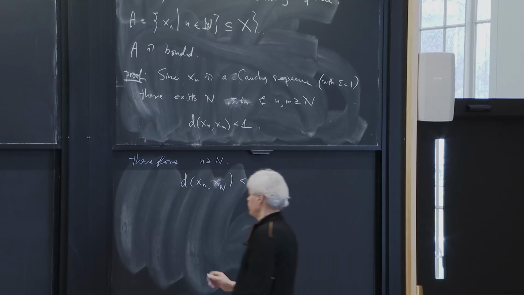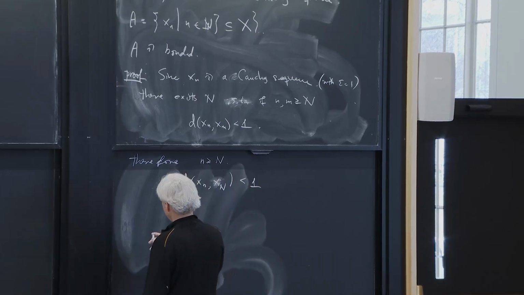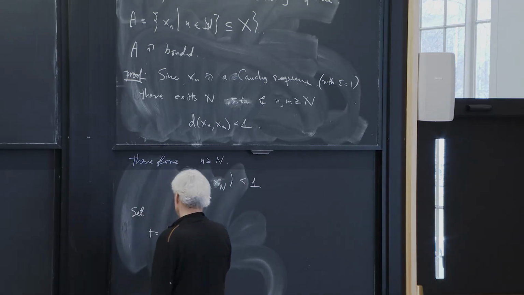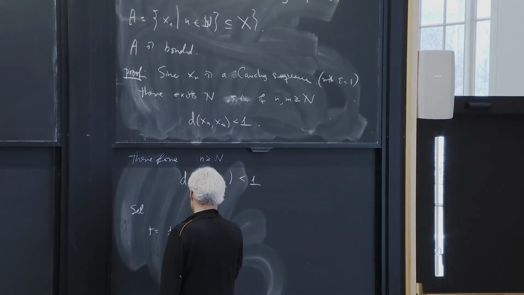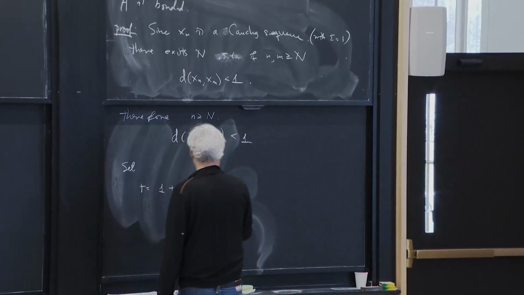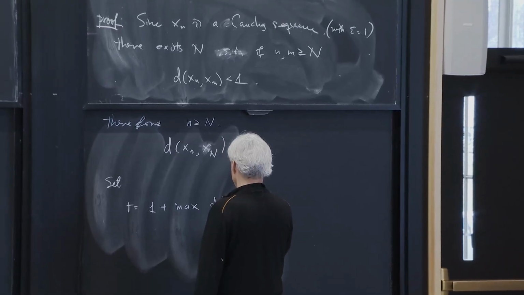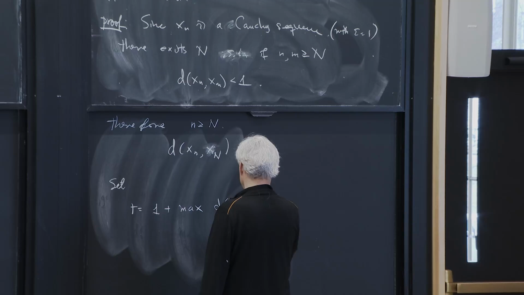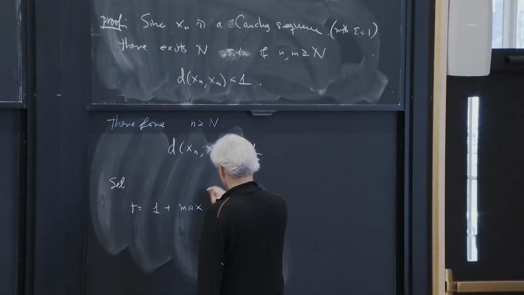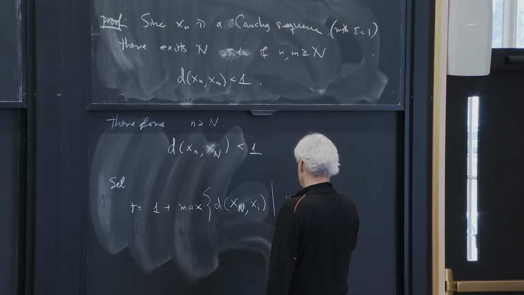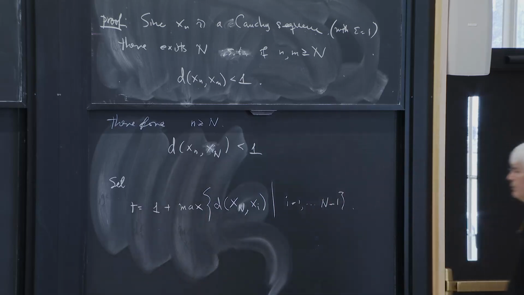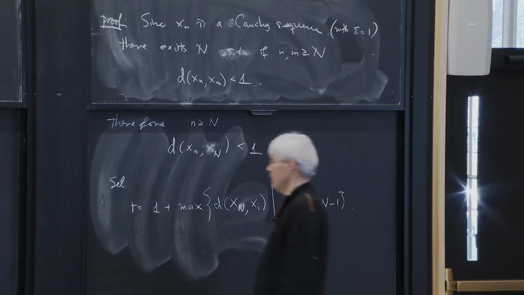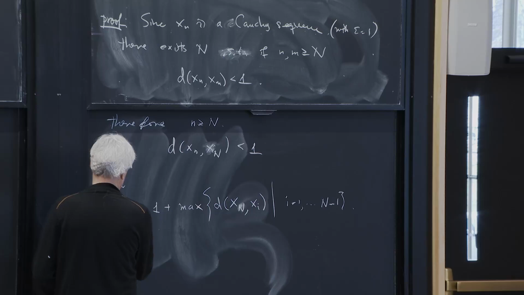And so now, if you set r equal to 1 plus the maximum of the distance from x_N to x_i, where i runs from 1 up to N minus 1, so there are N minus 1 of these that you take the maximum over, then obviously little r is some positive number.